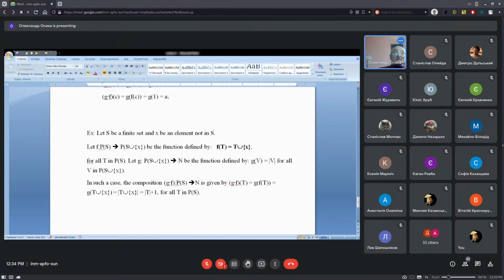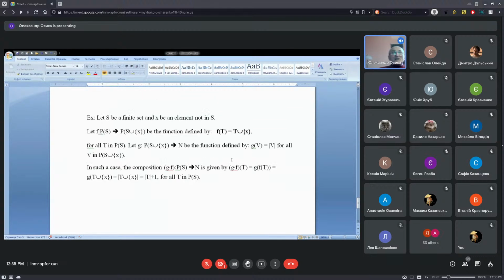And here another G. This takes subsets from this extended set, and the value is a function defined as so. G of V is some set, and the value of the function is the number of elements in this V, for all V in this power set, for all subsets here.